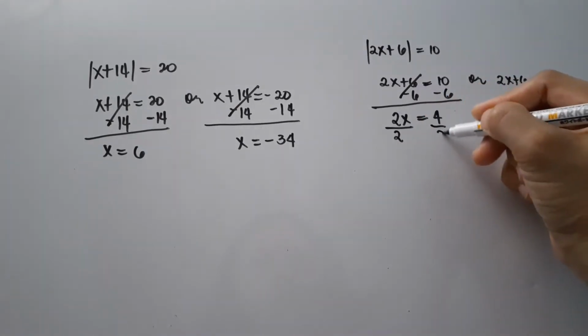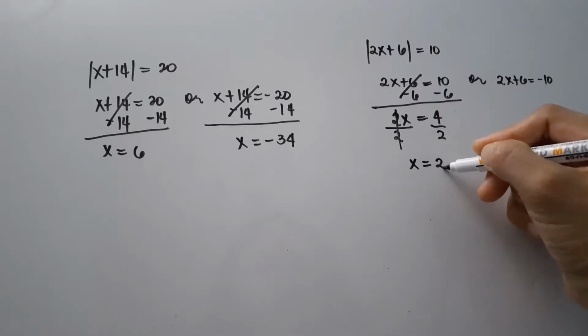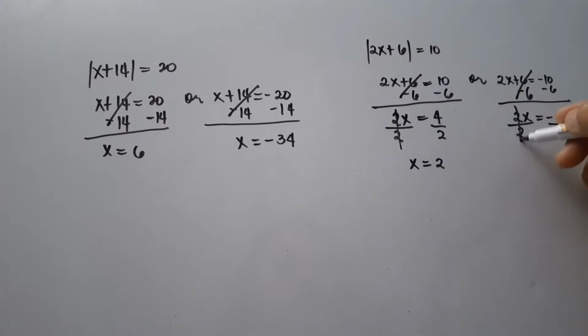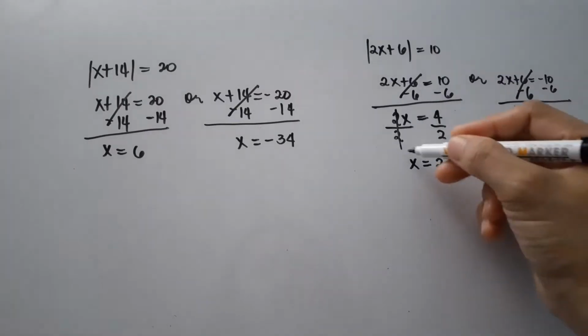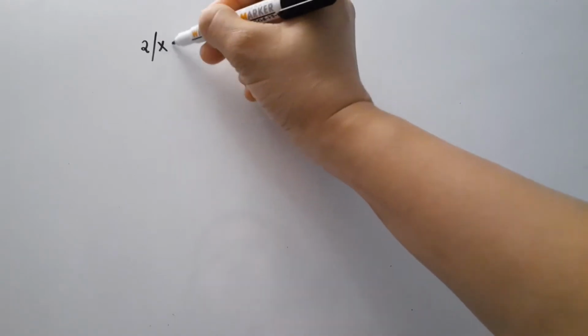Then we divide each side by 2, and x is equal to 2. And then the negative side, we subtract 6 from both sides, cancel this out, then 2x is equal to -16, and we divide both sides by 2, then x is equal to -8. So remember that we have two answers.